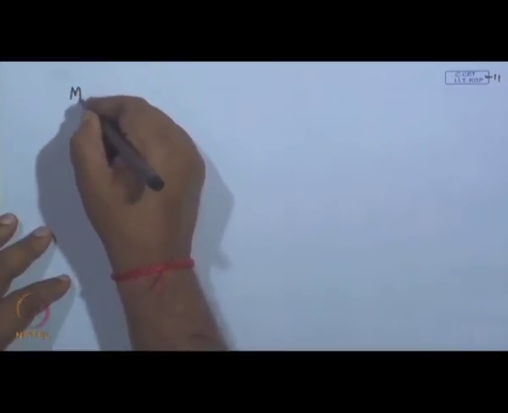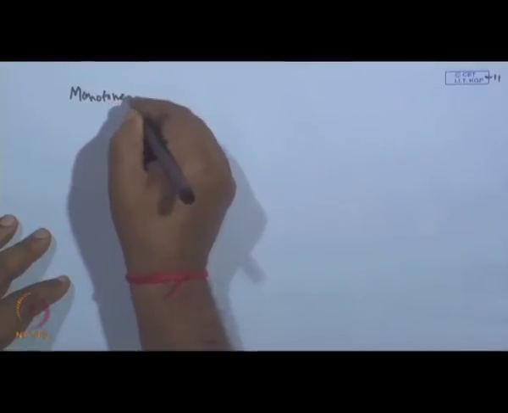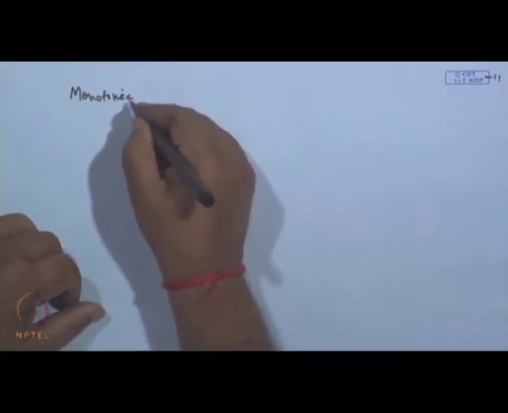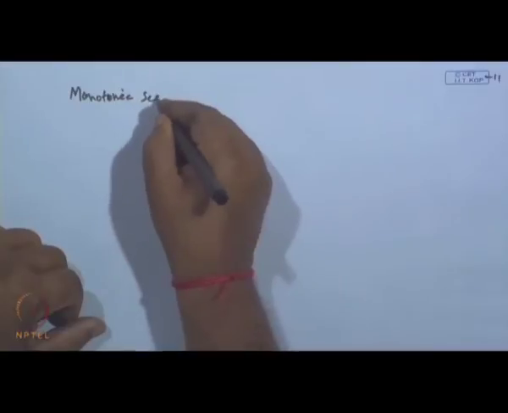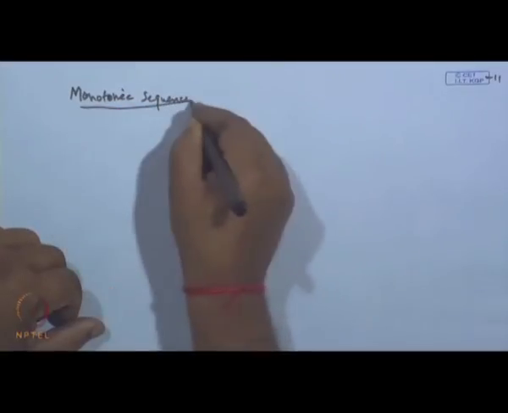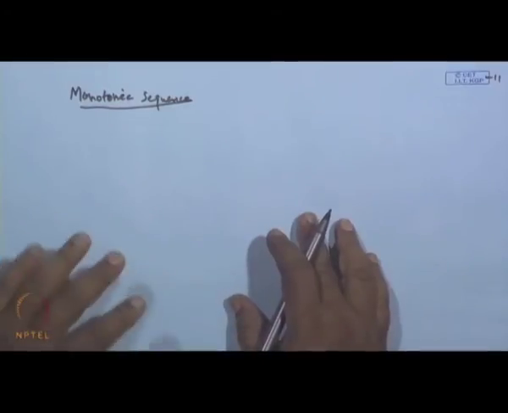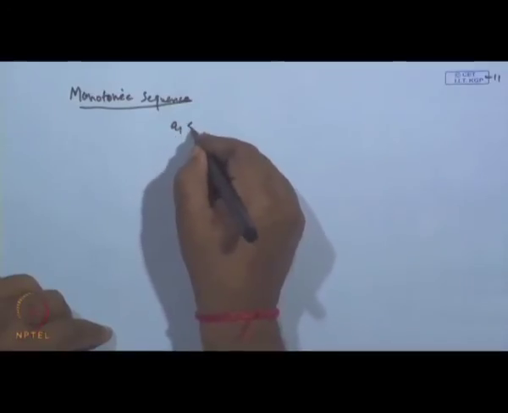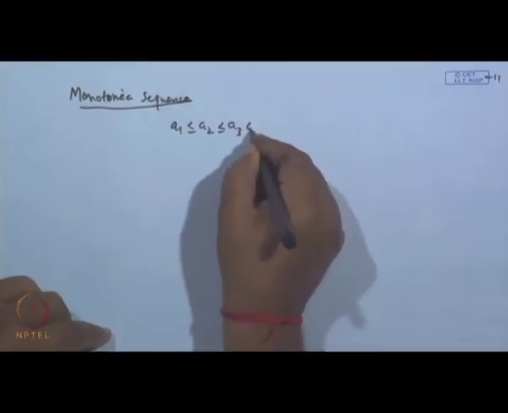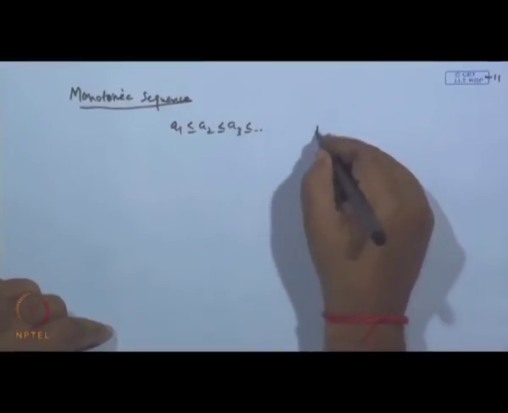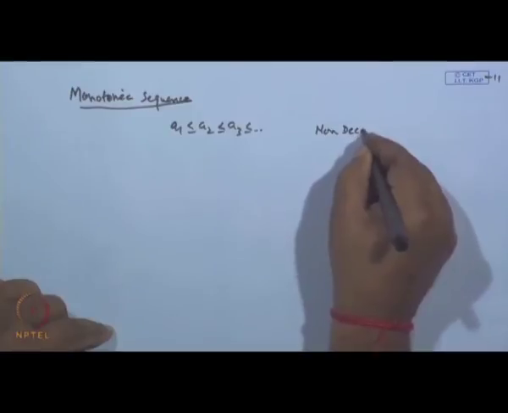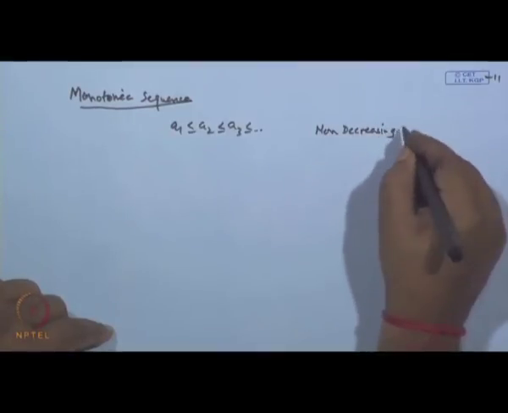Now, monotonic sequences. We have seen that there are two types of sequences. Either non decreasing, meaning A 1 is less than or equal to A 2, less than or equal to A 3, etc. These are called non decreasing monotone sequences.